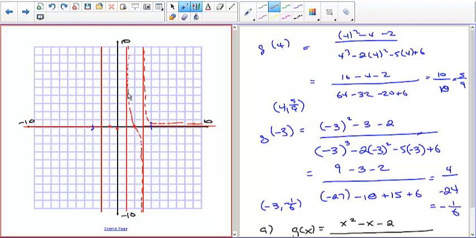So this goes up to the top, so it's going to come down to the bottom again. And then it's going to come up along the asymptote through these 2 points, both the y and x-intercept, and then it'll go all the way up here like that.